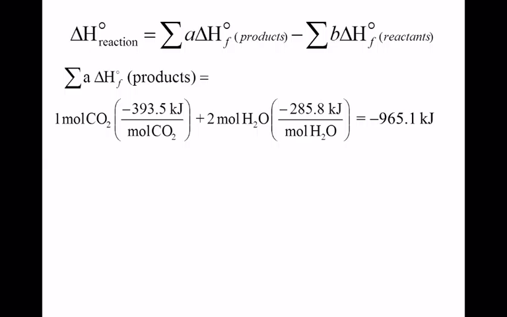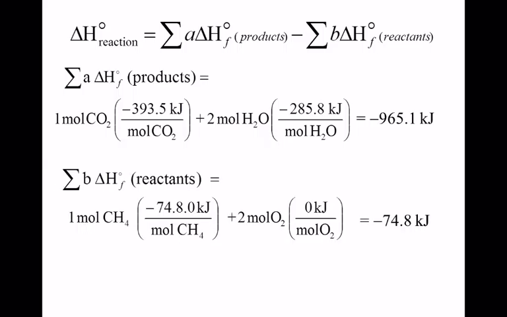And then we look at the reactant side. So the coefficient in front of the CH4 is 1, so 1 mole of CH4 times negative 74.8 kilojoules per mole, plus the coefficient in front of the oxygen is 2 moles of O2, and the standard molar enthalpy of formation of something like oxygen here in its standard state, standard conditions, is 0.